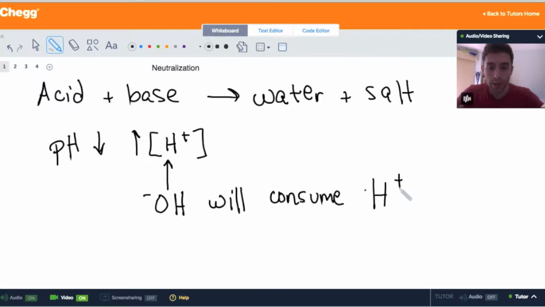So in a way you can think of it as bringing the pH back to neutral. It won't always be exactly 7, but it will be towards 7. Or you can think of it as the OH- ions consuming or neutralizing the effects of the hydrogen ions.